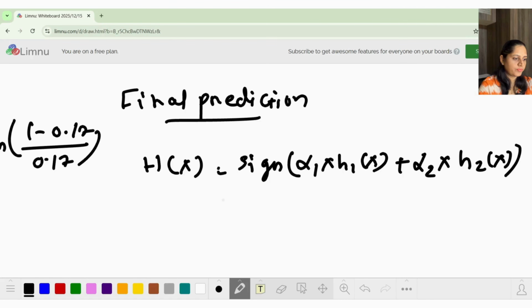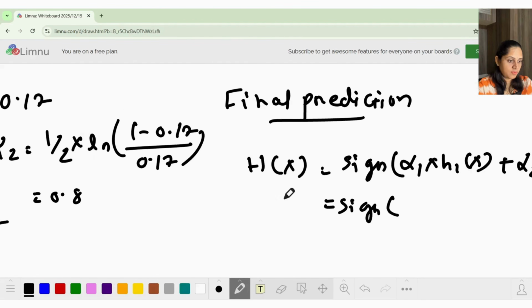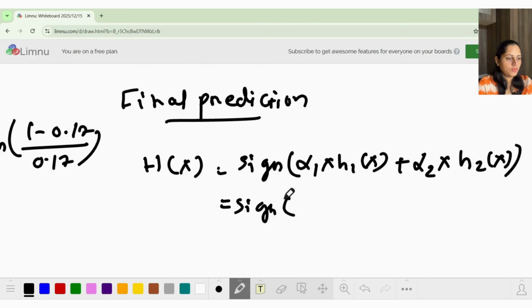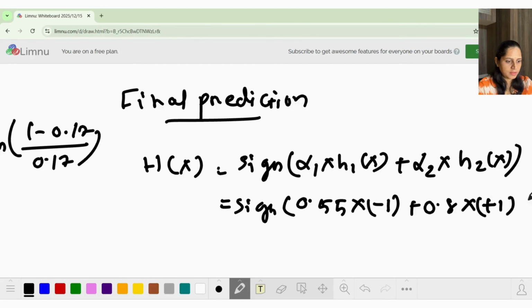Alpha 1 is, I think, 0.55, into h1 of x, which we got as -1, plus alpha 2, 0.8, into the prediction of +1. And we will take the sign of it.